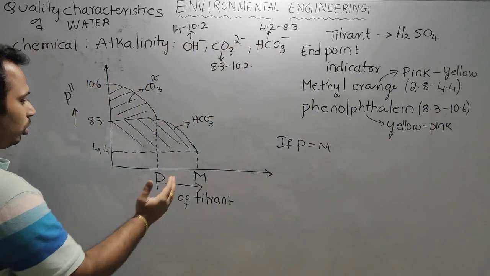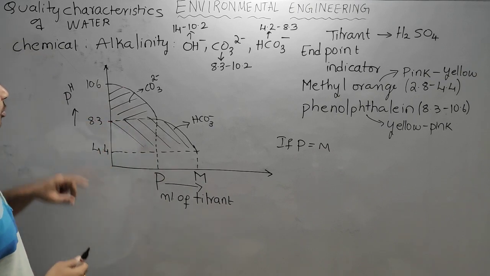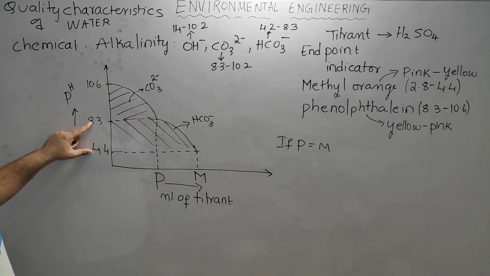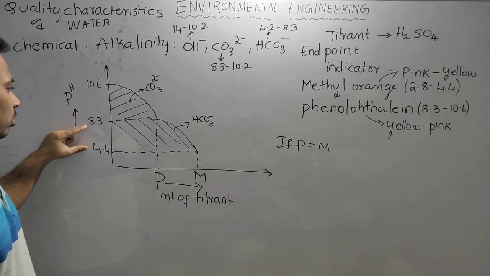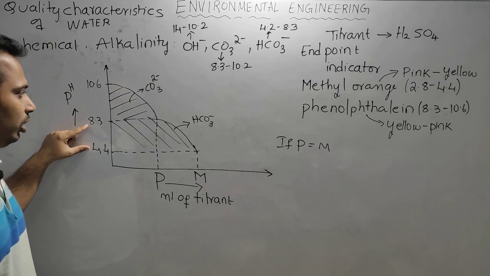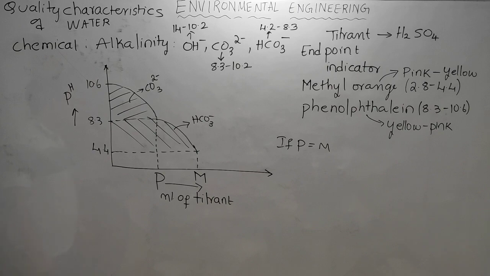If P is equal to M, that means no titrant is used in this zone, and if no titrant is used here, that means there is no HCO3.